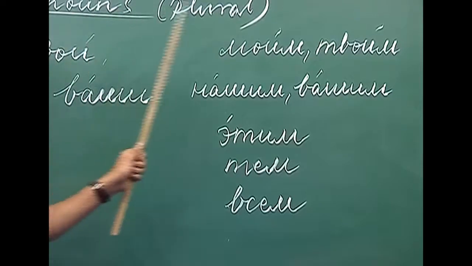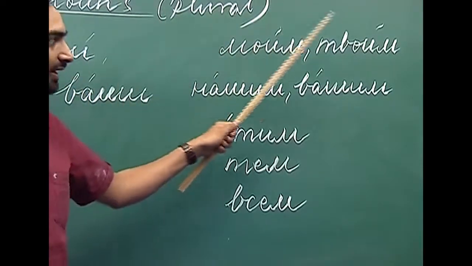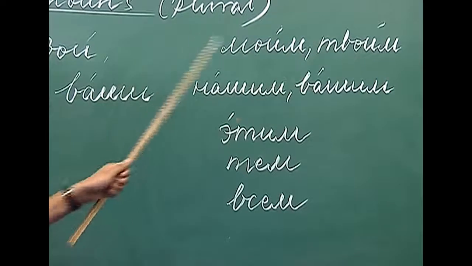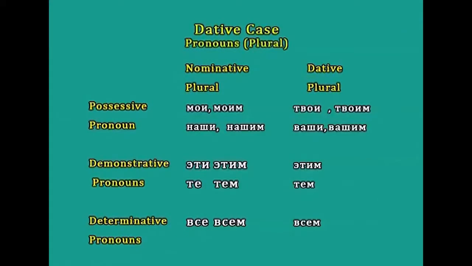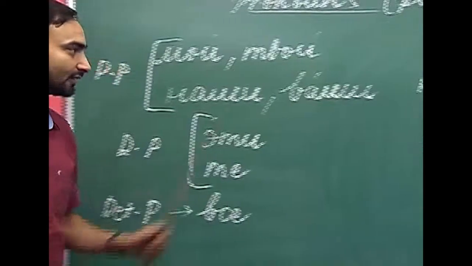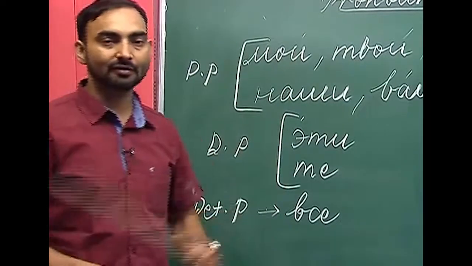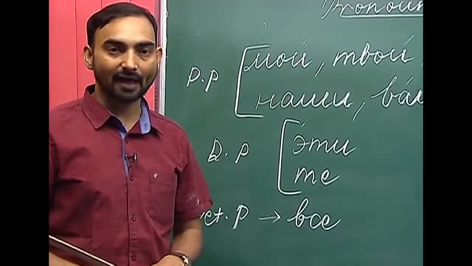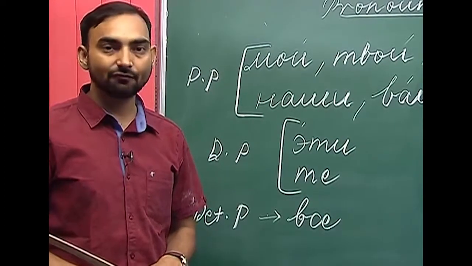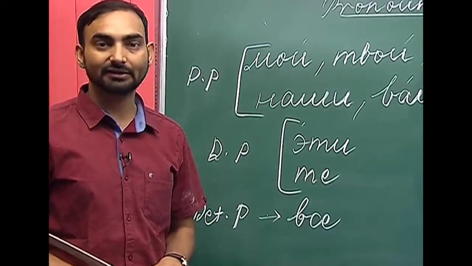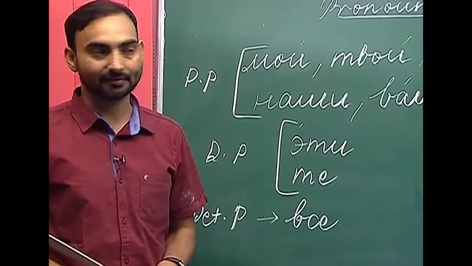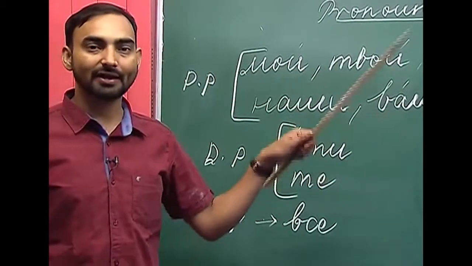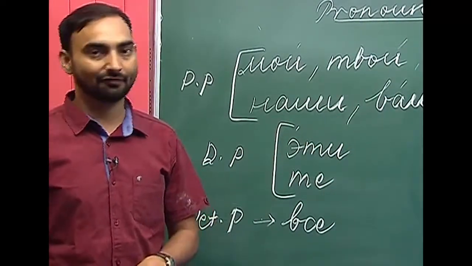Mai becomes maim, tvai, tvaim, nashi, nashim, vashi, vashim. So, this was about possessive pronouns, and as we have already discussed, io, ivo and ich, the third person possessive pronouns, do not change their forms in any of the cases. So, ivo, io and ich will remain the same in the dative case.